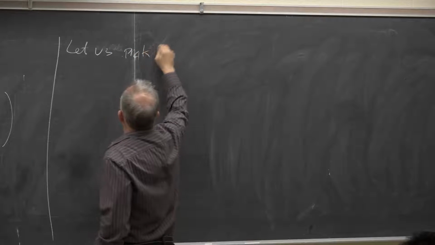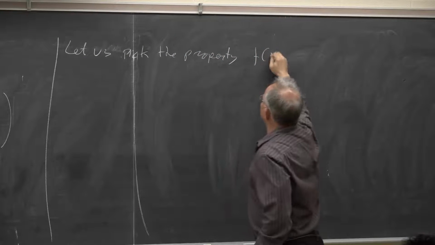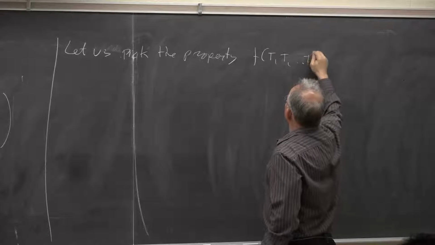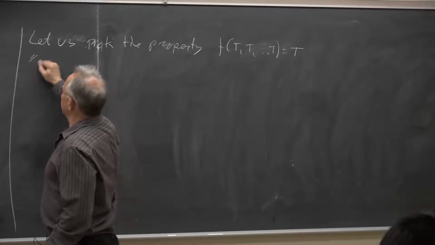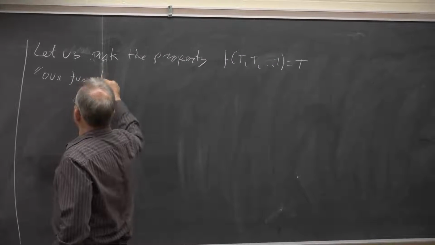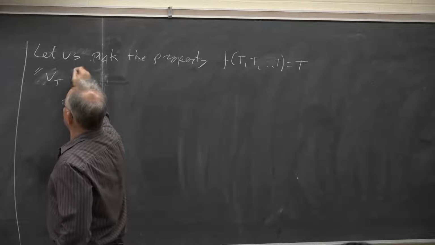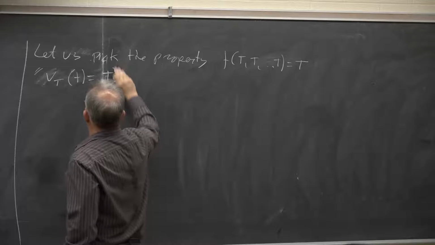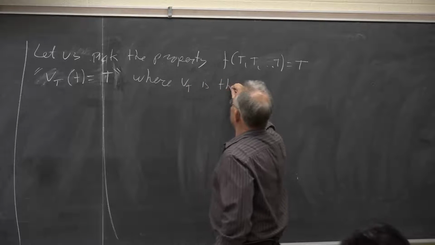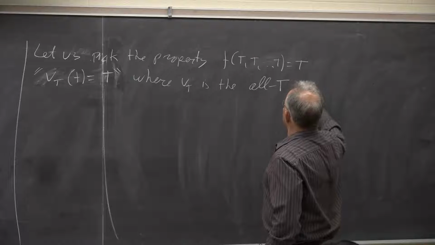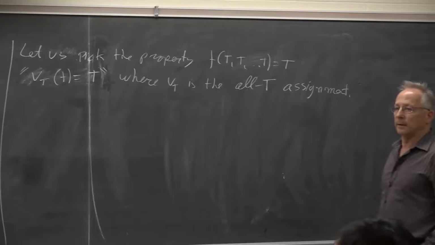Pick the property that f of t equals t. So the property is that our function evaluated at v_t is true, where v_t is the all-true assignment.